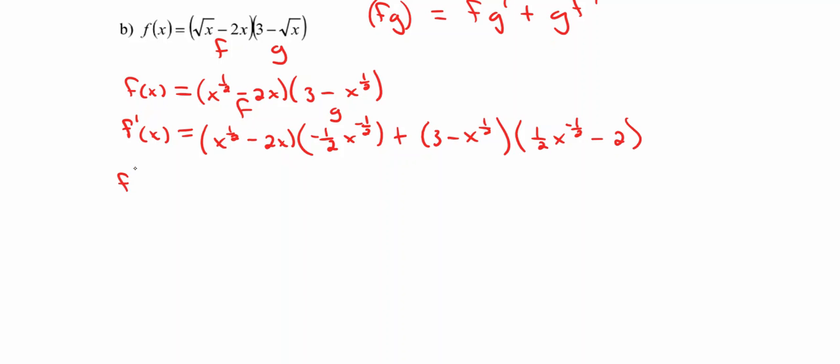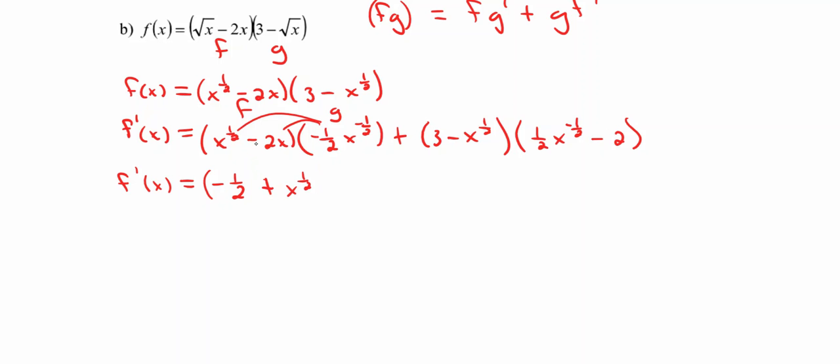Okay, simplifying this up, we have f prime of x is equal to, now, so this term distributed into both, right? So this would be negative 1/2, and then x to the 1/2 times x to the negative 1/2, those actually cancel. So this is just negative 1/2, and then plus, and then the next one here would end up being x to the 1/2, right?